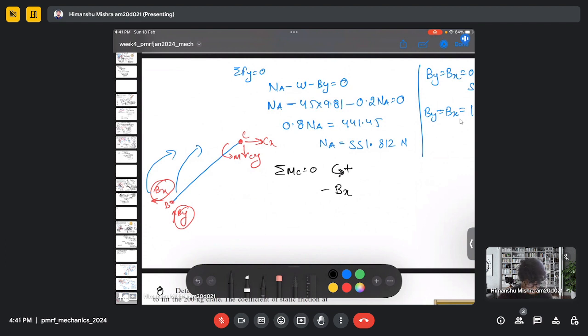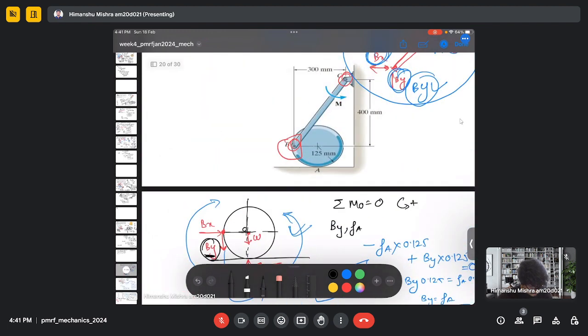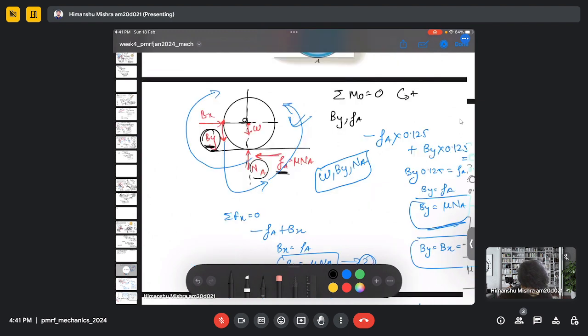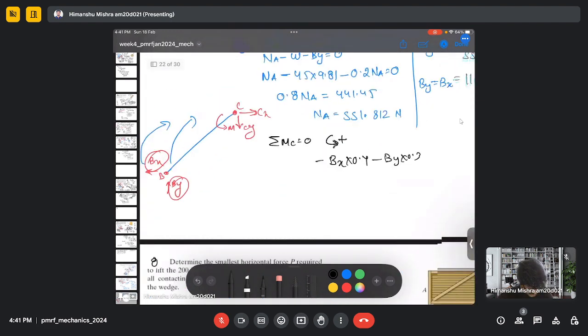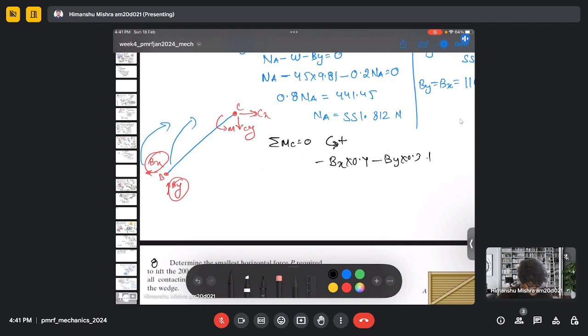So my Bx will be 0.4 meter from point C, and By will be 0.3 meter from C. We have given these dimensions here. Then there is an external moment in the anti-clockwise direction.